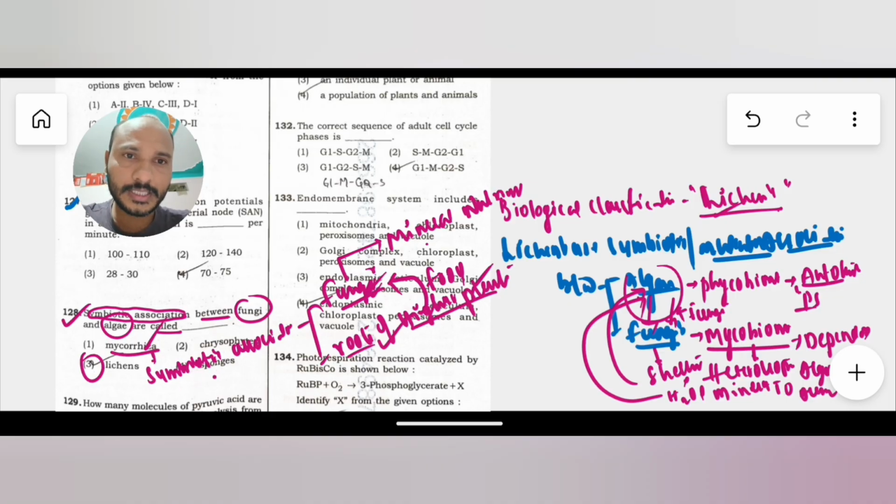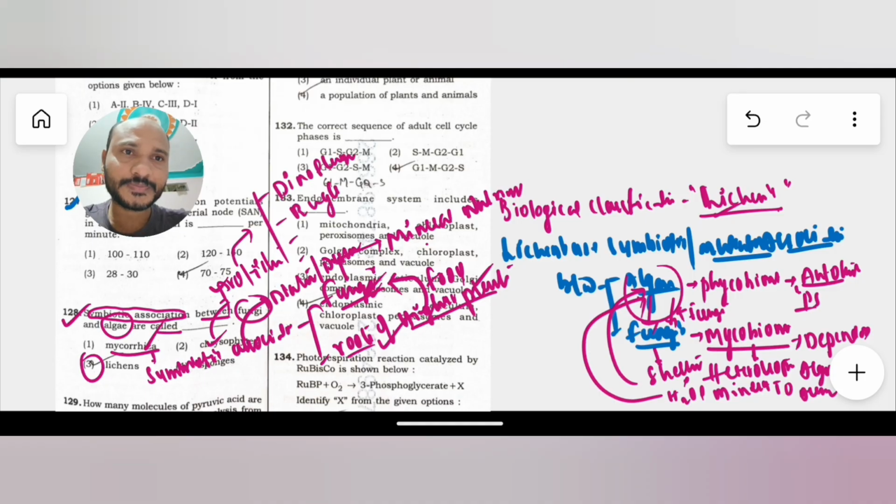Coming to chrysophytes: chrysophyte is a group belonging to Protista, and it includes diatoms, desmids and golden algae. In Protista there are several groups: chrysophytes, dinoflagellates, euglenoids, slime moulds and protozoans.